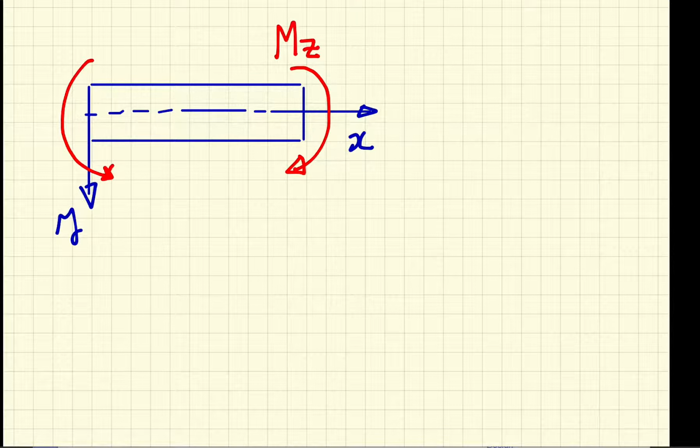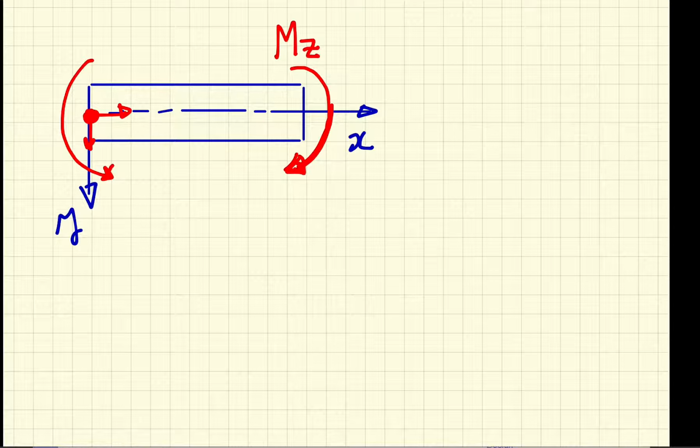Note that this is the coordinate system. You have directions here, x and y, and the z is into the board. So the m sub z, the arrow that you see here, is rotating about the z-axis.